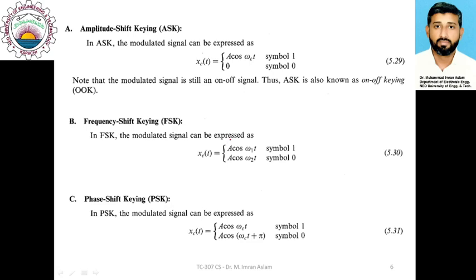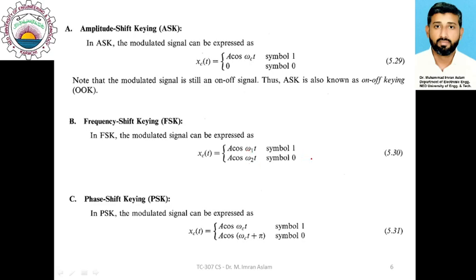You can see that both waveforms have the same amplitude and the same phase. However, the frequency is different. So different frequencies represent different binary symbols: one frequency is used for binary 1 and another for binary 0.